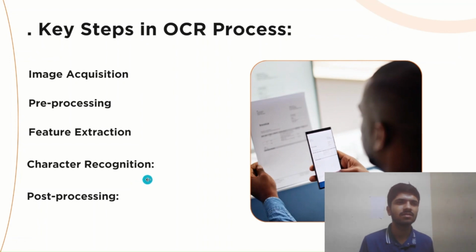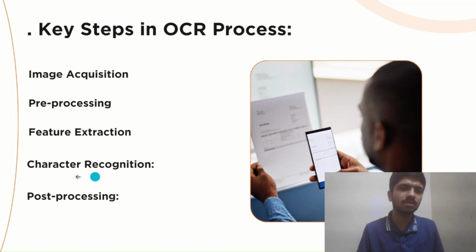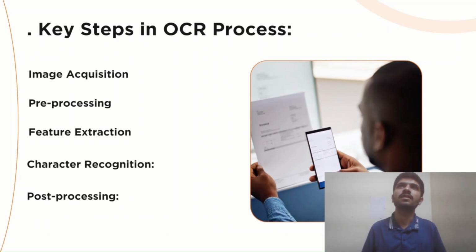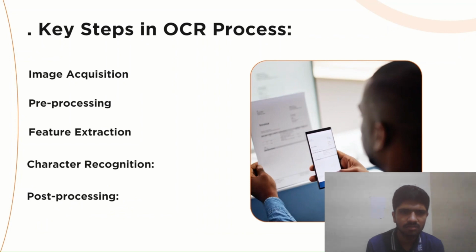Again, machine learning algorithms are used to recognize characters, and after recognizing comes post-processing, which means making the recognized characters useful. For example, in our case, we are checking how many students have filled in the form, and we are showing the students who failed in tabular form.